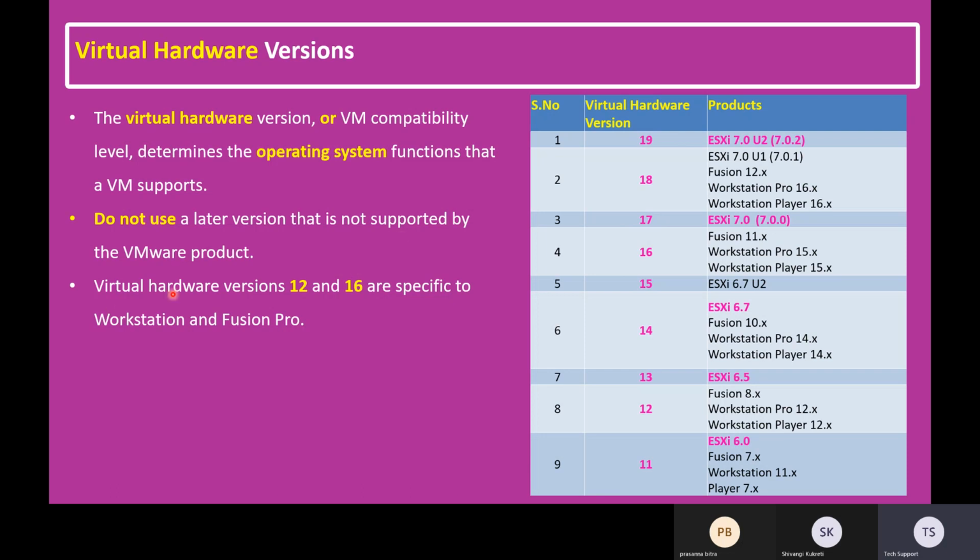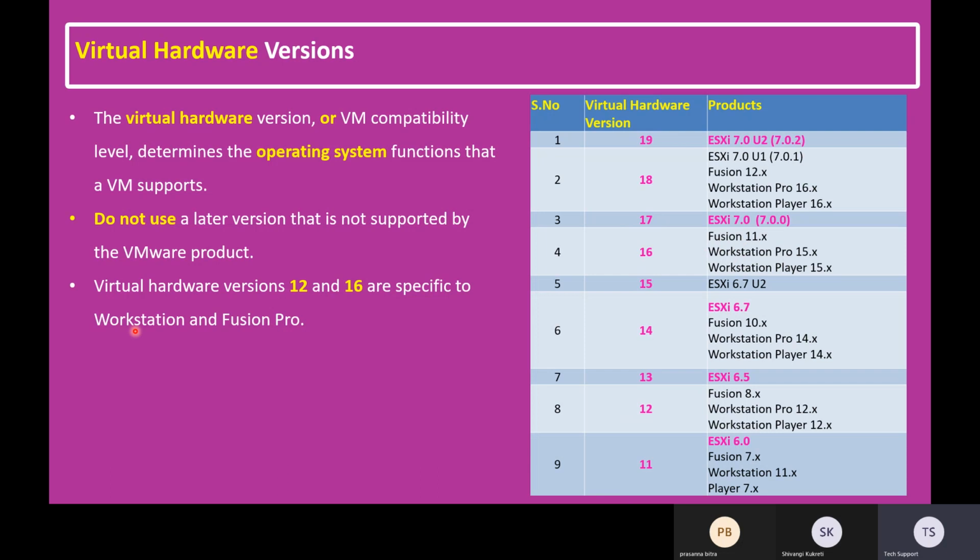Okay, and virtual hardware versions 12 and 16 are specific to Workstation and Fusion Pro. If you see the diagram on the right side, Workstation 12 is only for host-based products. This version is not available in ESX versions. And even Workstation virtual hardware version 16 is not available in ESX flavors.